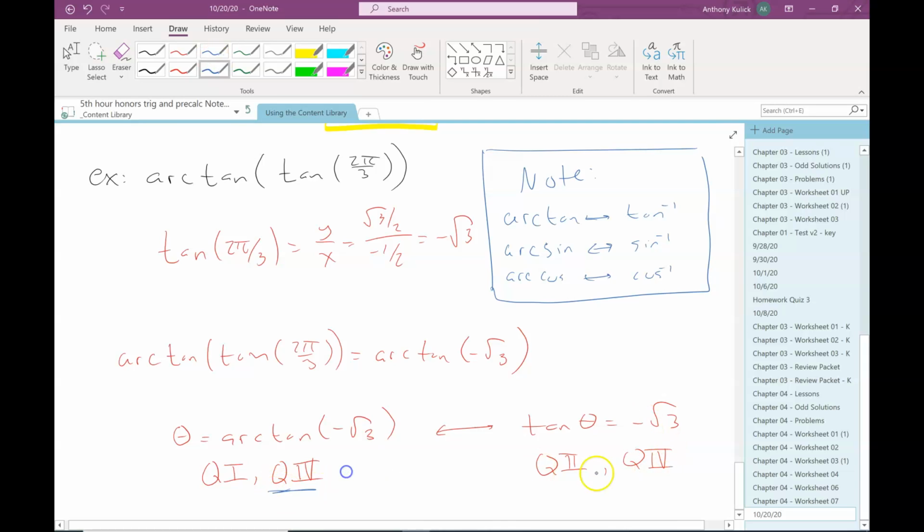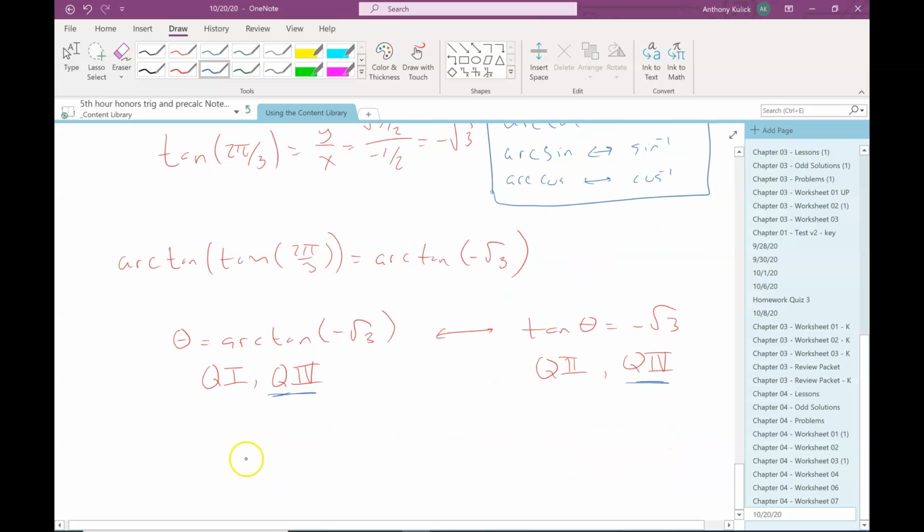So what we need is quadrant 4. Going to the unit circle in quadrant 4, where y over x is negative square root 3. Everybody good with that? Oh, I wrote r there. That's supposed to be an x. I think I said x.